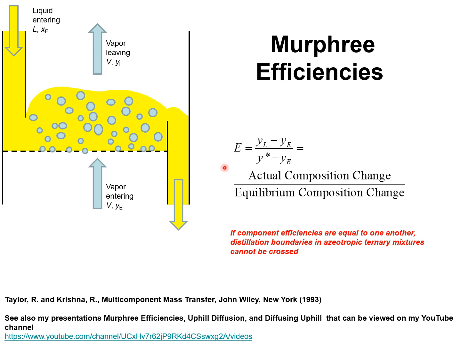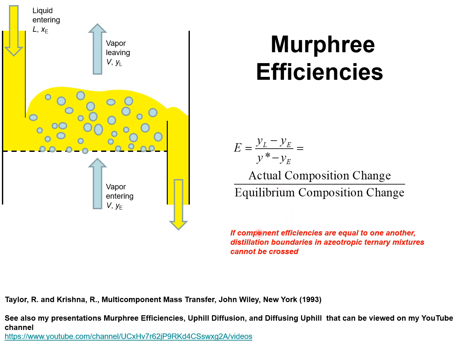For mixtures with 3 or more components, there is no requirement that the component Murphree efficiencies be equal to one another in the mixture.